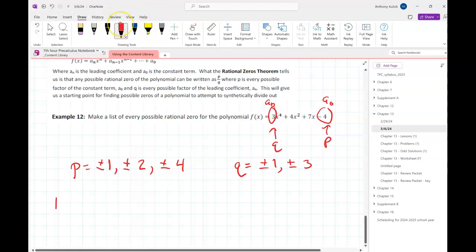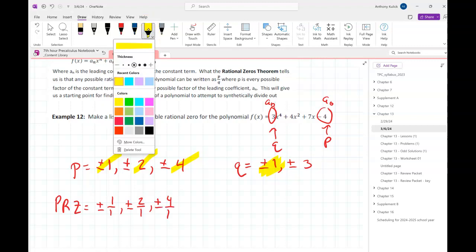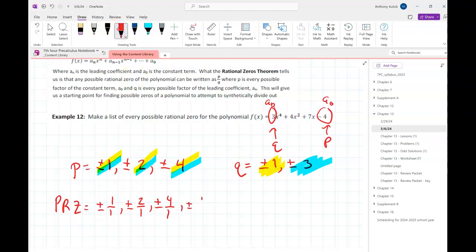So my possible rational zeros are going to be plus or minus 1 over 1, plus or minus 2 over 1, plus or minus 4 over 1. And then 1 divided by 3, 2 divided by 3, and then 4 divided by 3. Everybody's okay with the complete list here that we've made?